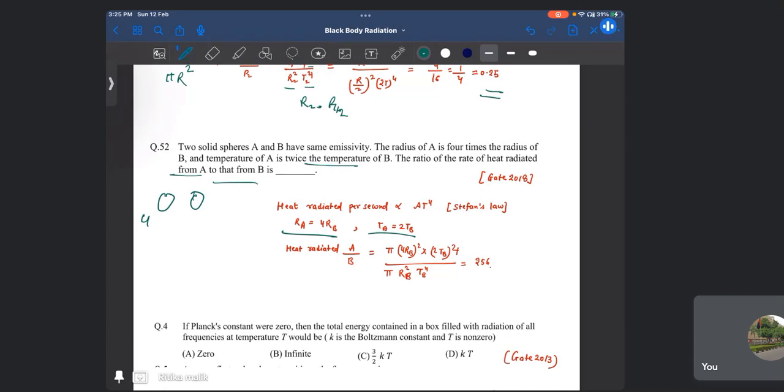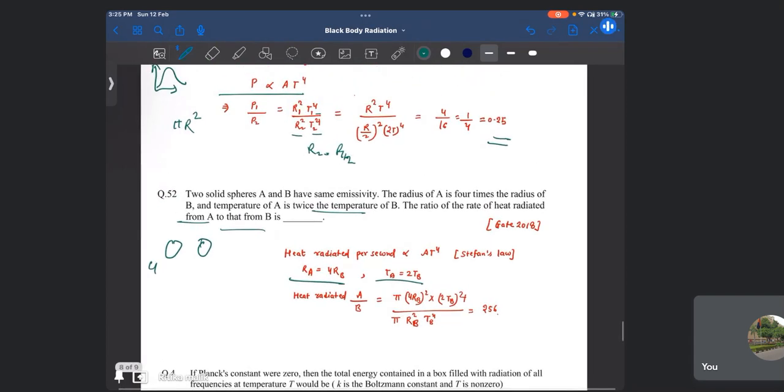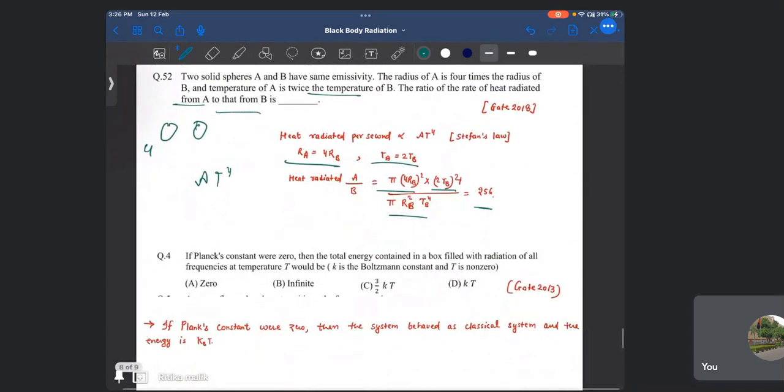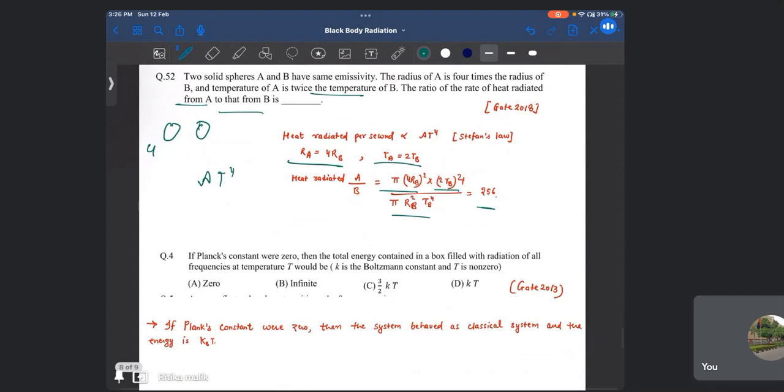They are talking about the power again, and it is proportional to the area into T to the power 4. If we multiply area into T to the power 4, we will get this expression. So that was the important question. It's a conceptual question that can be asked during an interview.